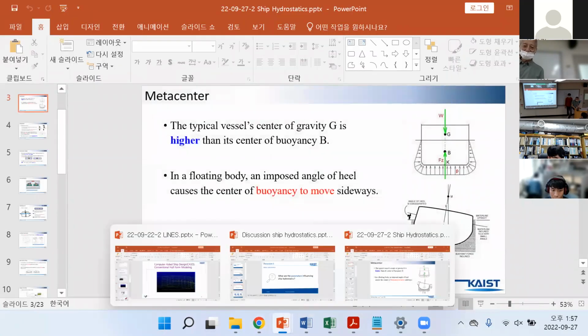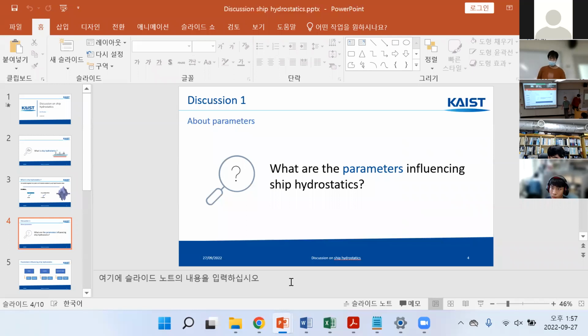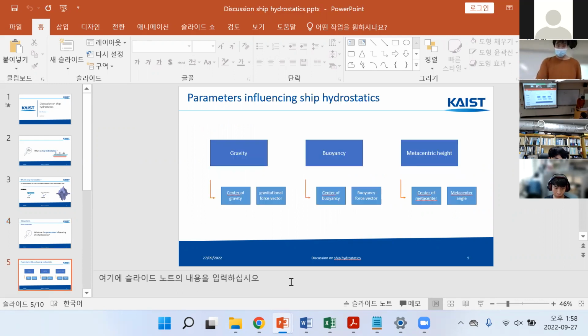All right. So you talked about the main forces that are linked to ship hydrostatics: the gravity, the buoyancy, and the metacentric height.